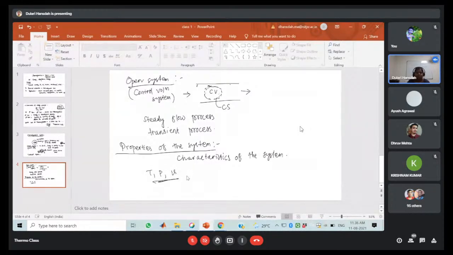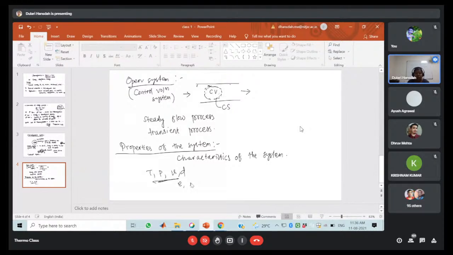After that, we have other properties, like specific energy, E, or energy. Then density is also one property. Then we have the thermal coefficient of expansion.